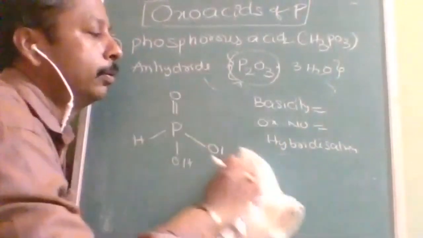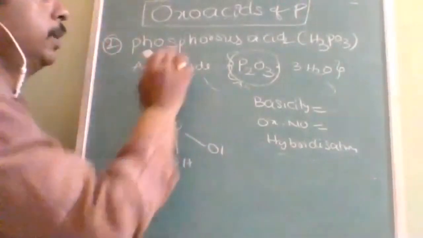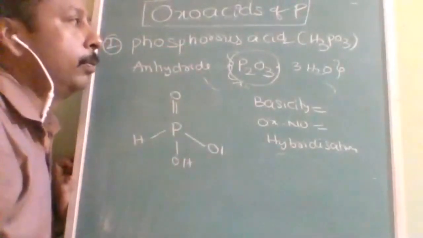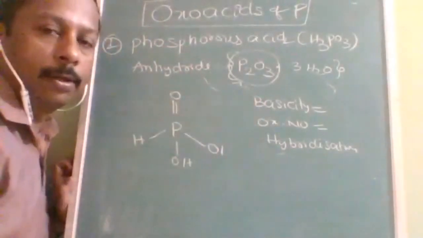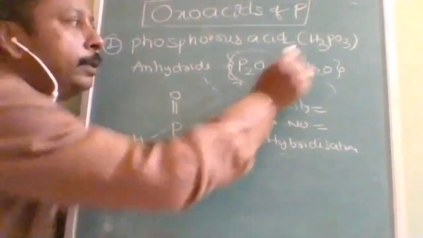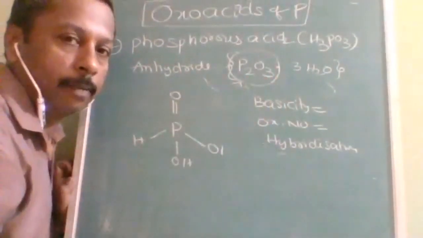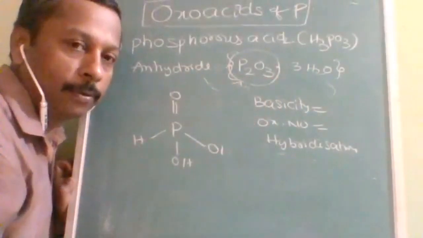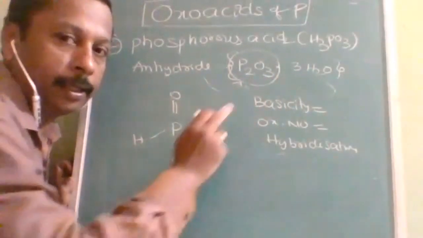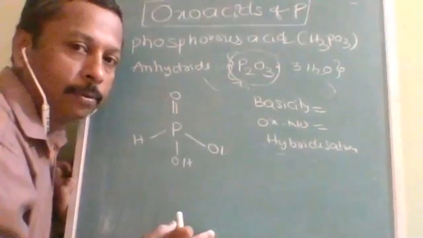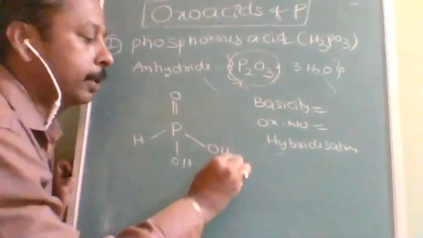Understood? So let us take this oxo acid of phosphorus, that is H3PO3. Its anhydride is P2O3 or P4O6, not P4O10. I am sorry that I wrote P4O10, but it is P4O6. This is the structure.